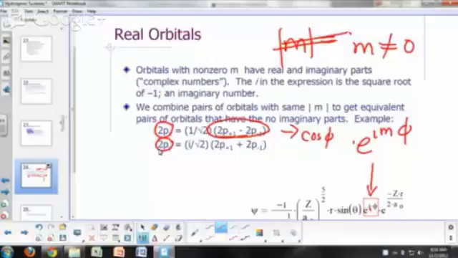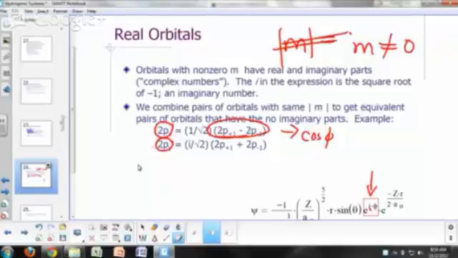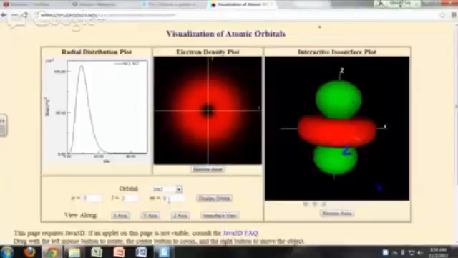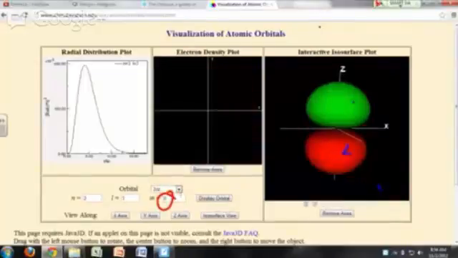And you can see what types of linear combinations you need to generate those real orbitals. Going back to that Davidson site, you'll notice here 3dz squared for m equals 0, but let's go back to 2pz. 2pz, m equals 0, l equals 1.